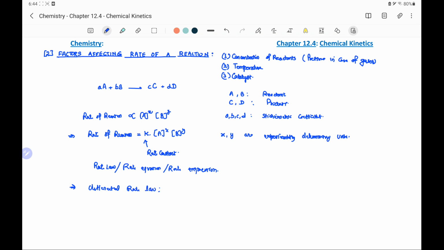If we express the rate equation in terms of the differential rate of change of concentration of the reactant, that is equal to k[A]^x[B]^y. So this is called the differential rate law.